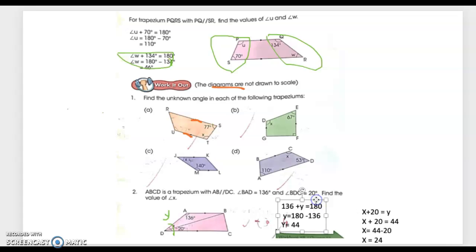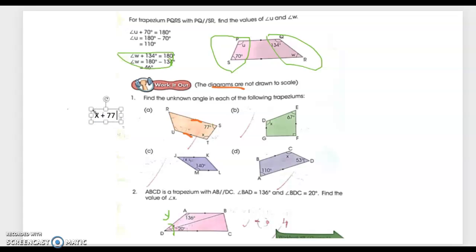So for example, let's start with A. That means x plus 77 is equal to 180, isn't it? That means x plus 77, I want to get rid of 77, so I will minus 77.